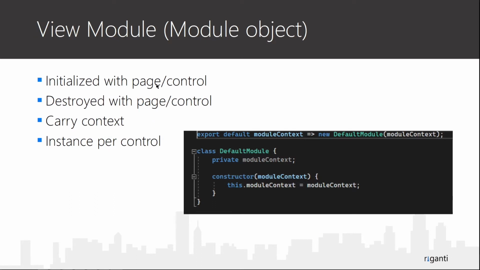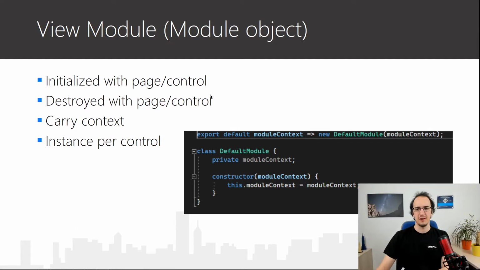So let me tell you how we are actually using the JavaScript modules to take advantage of the JavaScript world. Our thinking was like this. We have control code behind and view models that themselves have a life cycle, and JavaScript modules don't have anything like that.